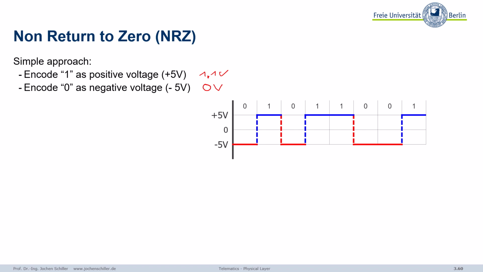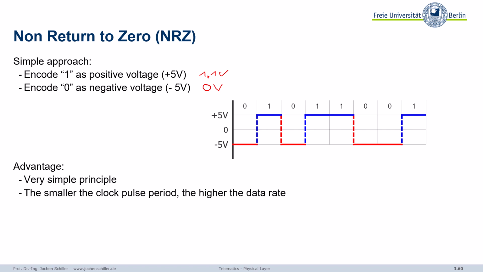So that's one way of doing it. Okay, that's very simple. You can do this inside CPUs because it's very simple, and so that's quite nice. And you can increase the data rate depending on the clock, and so this is what the computer chips do. They can increase data rates if they speed up the clock. So nice.